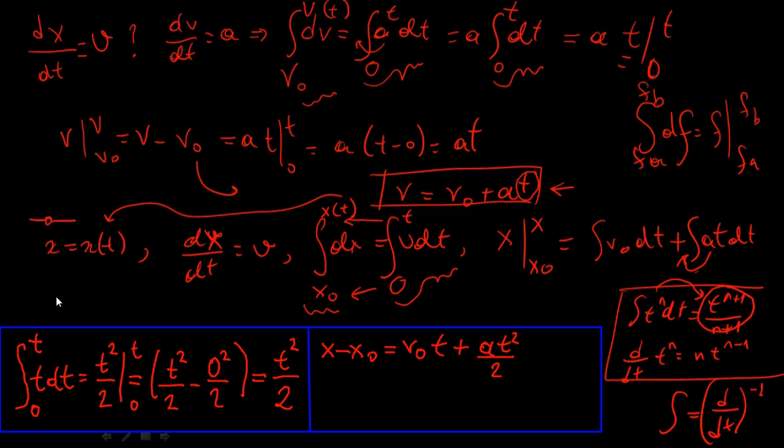Finally, combining these results, we get an expression for x as a function of t as x equals x0 plus v0 t plus 1 over 2 times a t squared.